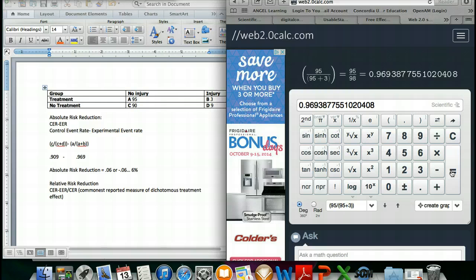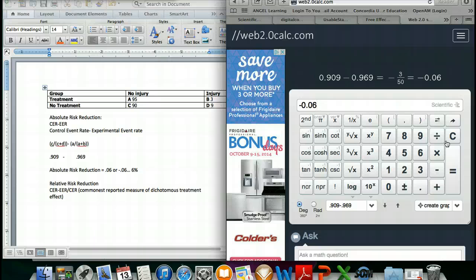So now that you have the two, all you need to do is subtract them, because that's essentially what it is. I'm just breaking it apart so that you can see it. So you have 0.909 minus 0.969. The answer is negative 0.06.